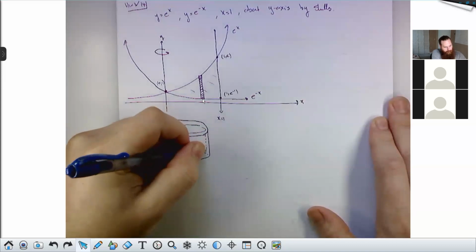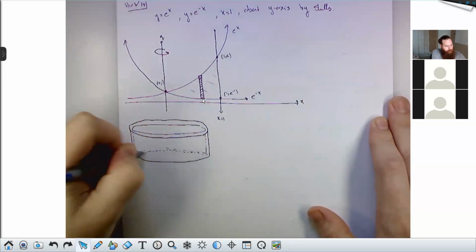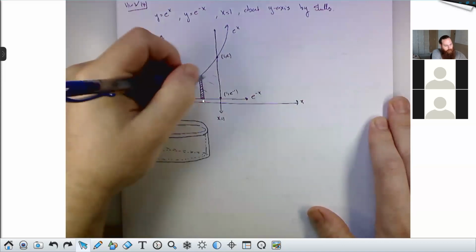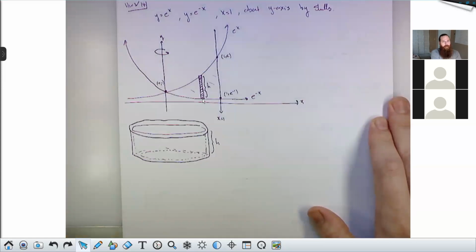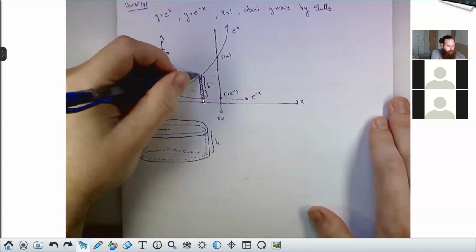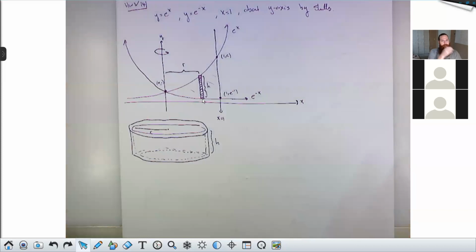You get something looking about like this. And it has a height. The height of the shell comes from the height of the strip. And it has a radius. And the radius of the shell is the distance from the strip to the axis of rotation. So it's up to us to find R and H.